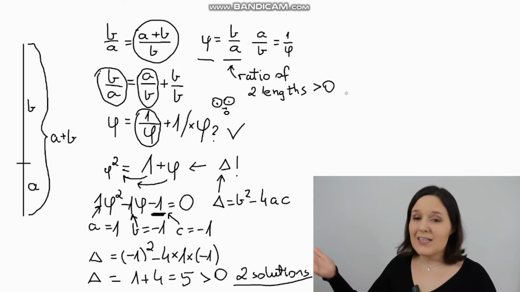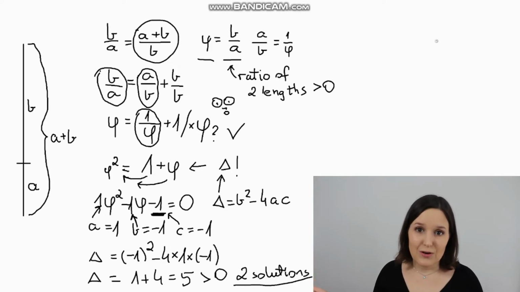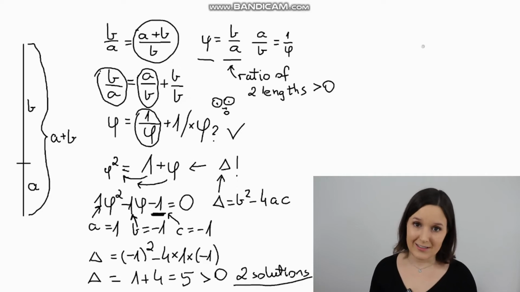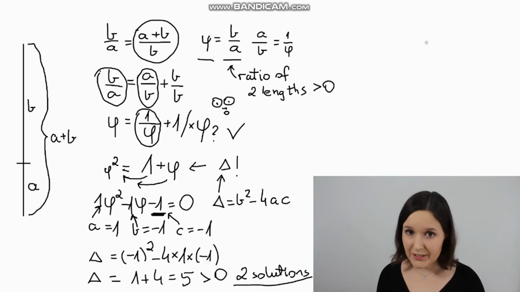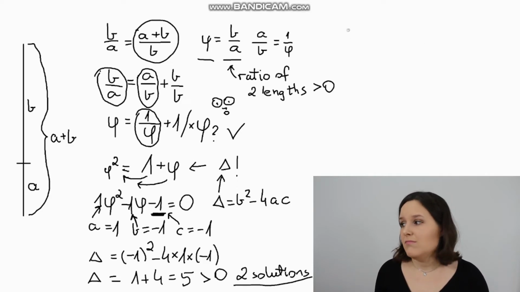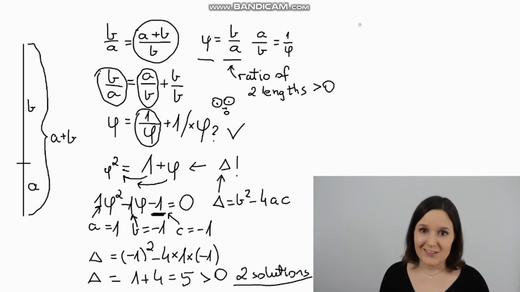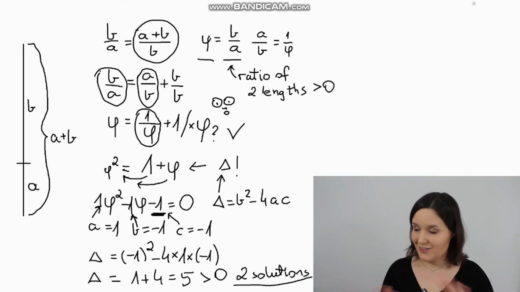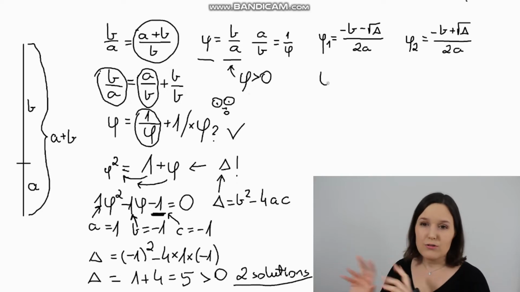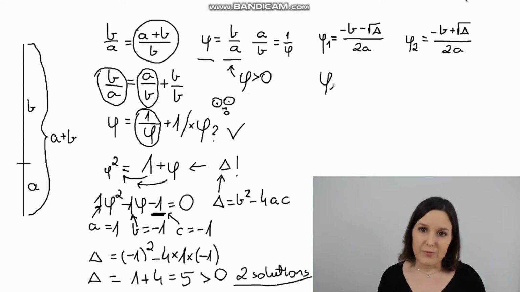Again, a quadratic equation is an easy thing to solve, so even a calculator or a computer can solve it. But it's kind of cool that I can find it out by myself. You just use those two formulas.